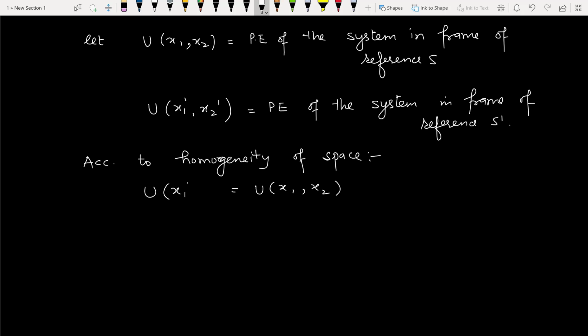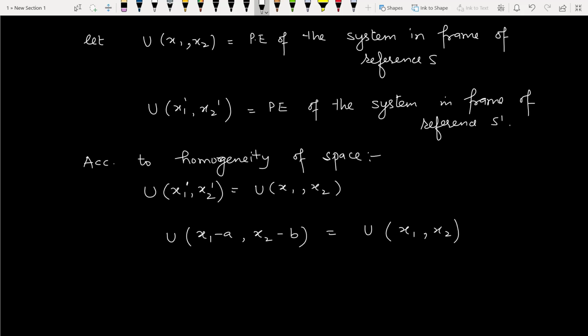So nothing is going to change with the choice of the origin or choice of the coordinate system, so their potential energy will be the same. So instead of x1 dash we can write U(x1 minus A, x2 minus A) is equal to U(x1, x2).